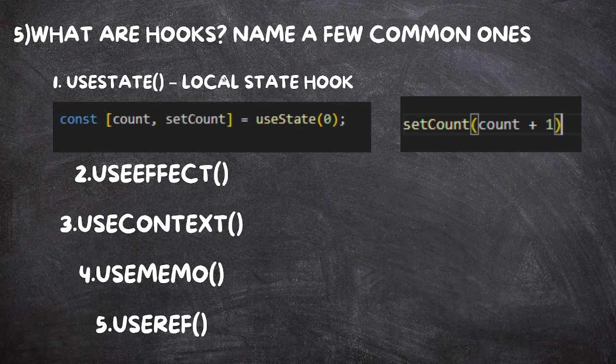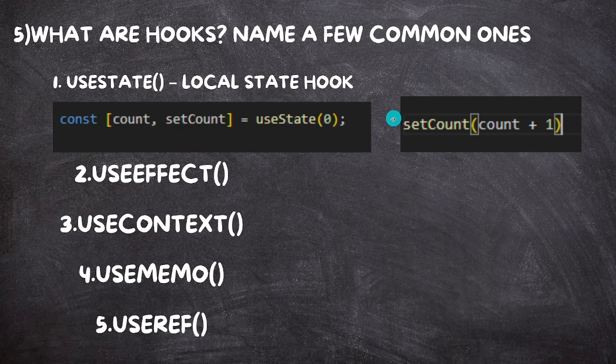It lets your component remember things like a count, a form input, or a toggle. So here we're declaring a count state variable and a setCount function to update it. Initially, the count variable is initialized with the value of 0 using the useState hook.